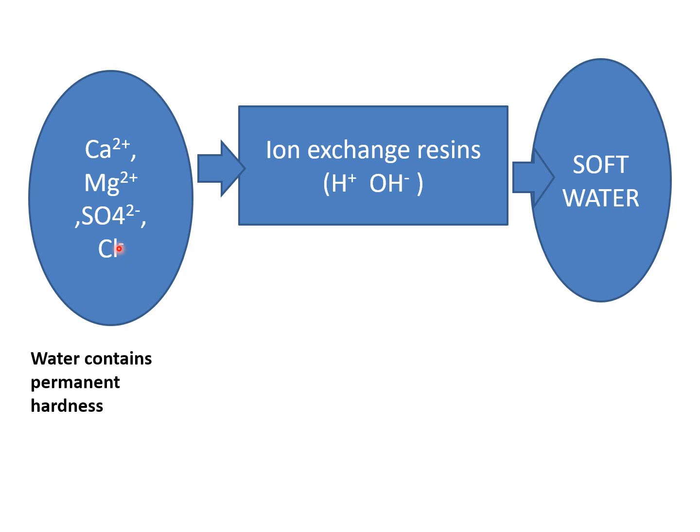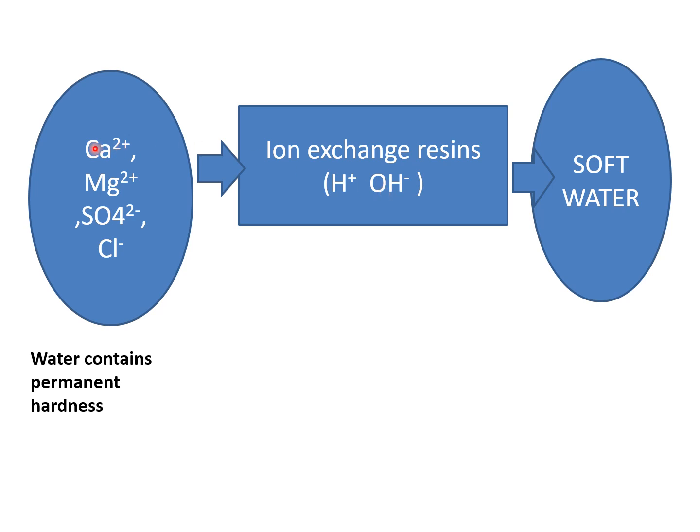We pass this water containing permanent hardness through the ion exchange resins. We know that ion exchange resins are water insoluble polymers having exchangeable H plus ions and OH minus ions.